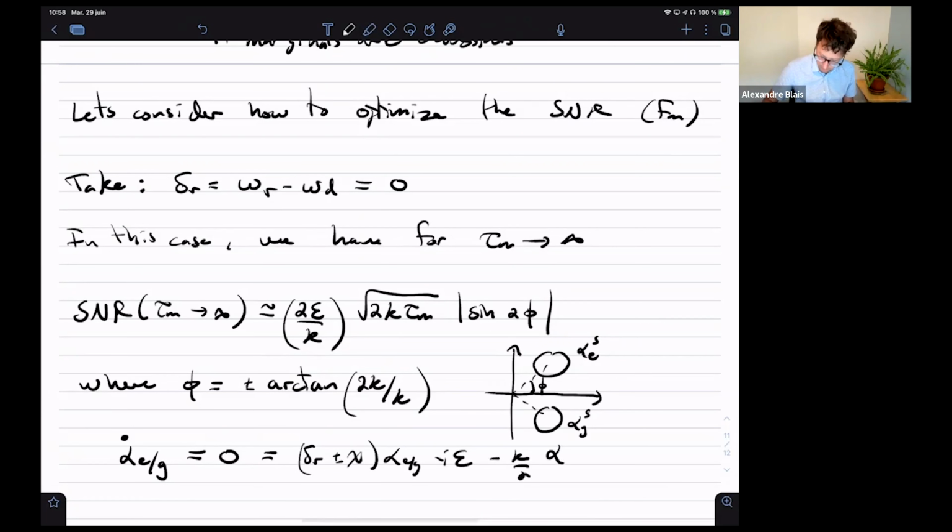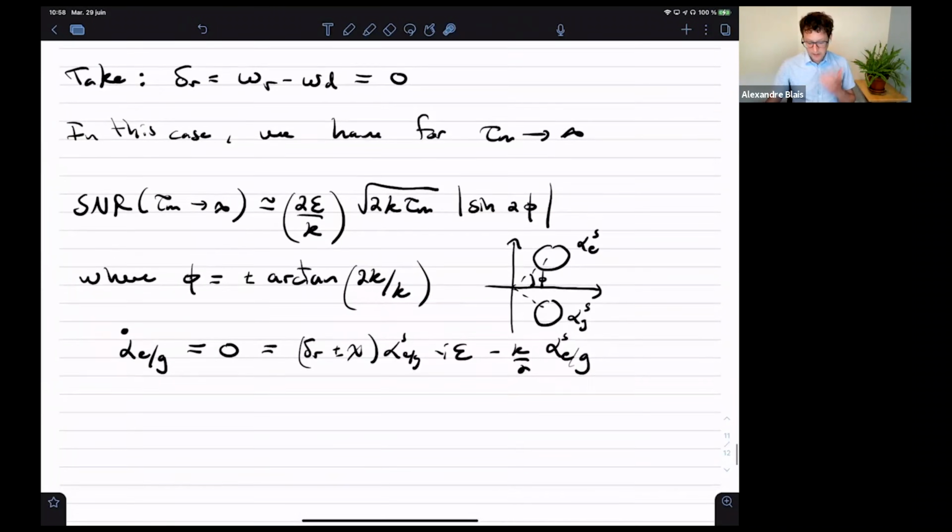I hope I'm not making any mistakes here in writing this expression, but I think I'm okay. So now you can simply solve for alpha excited and ground in steady state, and you can easily compute this phase. Great. Okay, we have this now.